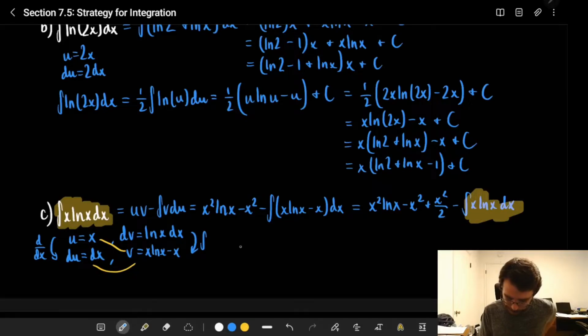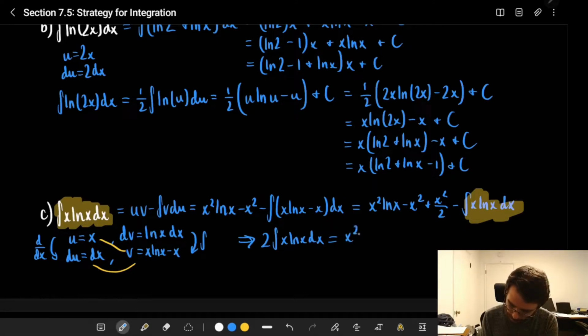So the fancy trick is to move that over, right? Add that to the left-hand side. You get 2 times that integral. And that's just, this thing. x squared ln x minus, I guess I could combine these two terms. That's just minus x squared over 2 now.